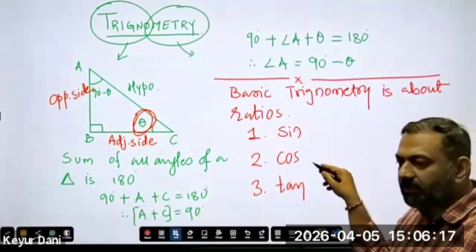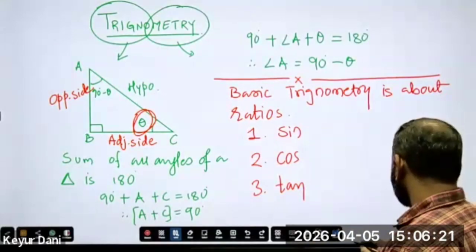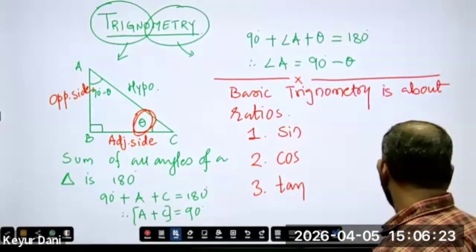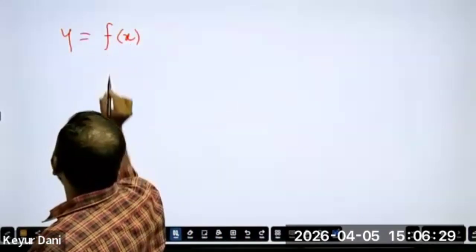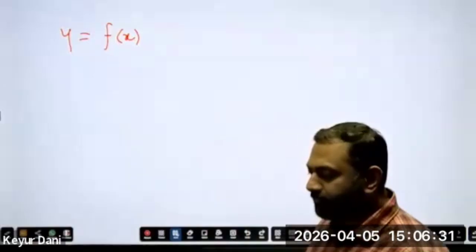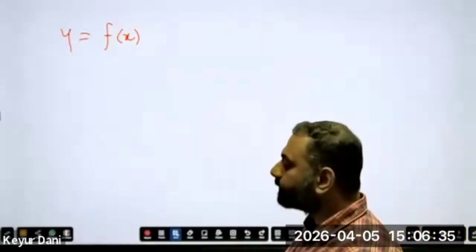Now, before starting with sine, cos, and tan, let me explain one more thing. All right. Do you know the concept of a function, y equal to f of x? Okay, I'll tell you.